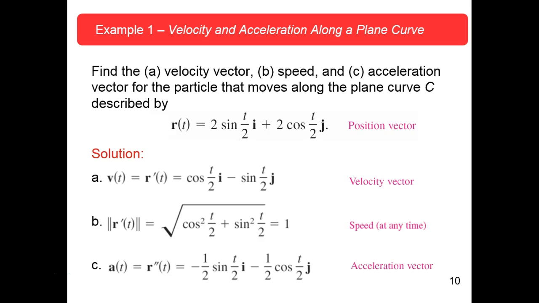Here the radius of that circle is 2, and you're moving at a constant speed along this circle, because your i value starts at 0, your j value starts up here at 2, and as t increases, i increases, so it's moving in this direction, and j is decreasing. It moves around in that direction and it completes a total circle.